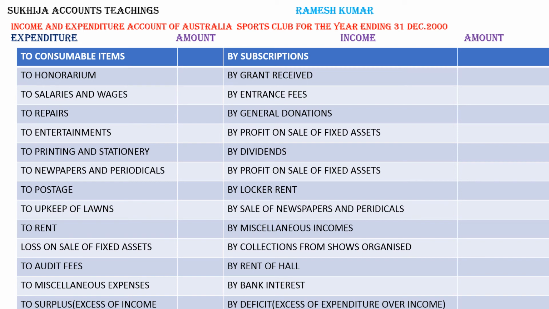By bank interest, that is whatever deposits they have made in the bank in the form of fixed deposits or recurring deposits or normal bank balance. On that they get the interest which is called bank interest. Now if expenditure side is more, by deficit, that is excess of expenditure over income.